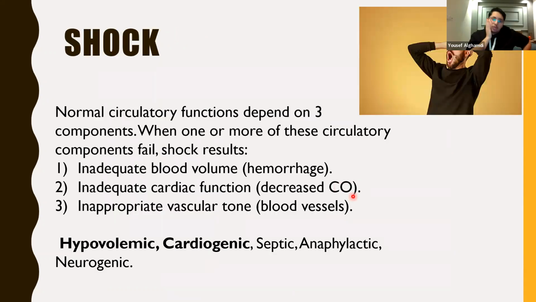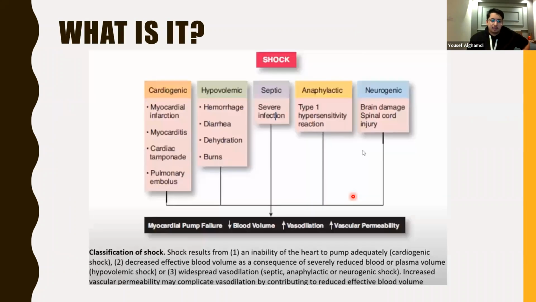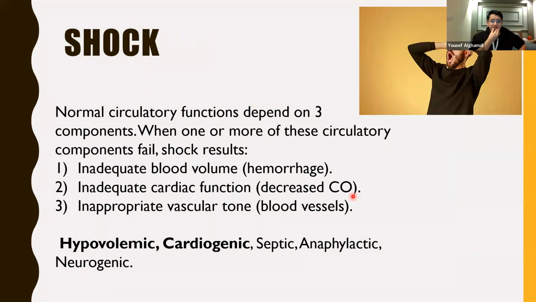Okay, so normal circulatory shock depends on three things. Inadequate blood volume or hemorrhage, inadequate cardiac function, which decreases cardiac output, or an inappropriate vascular tone, like blood vessels, like we said in septic, anaphylactic, and neurogenic, right?